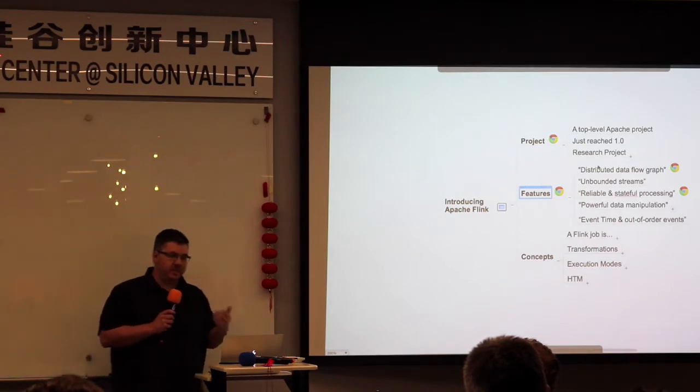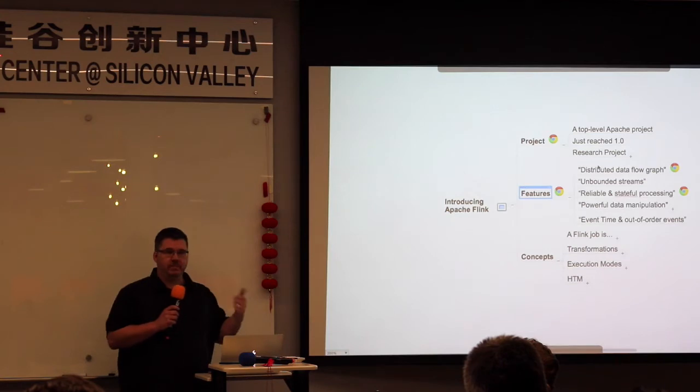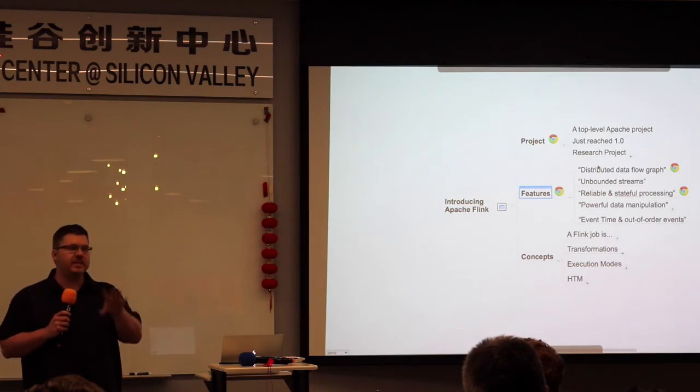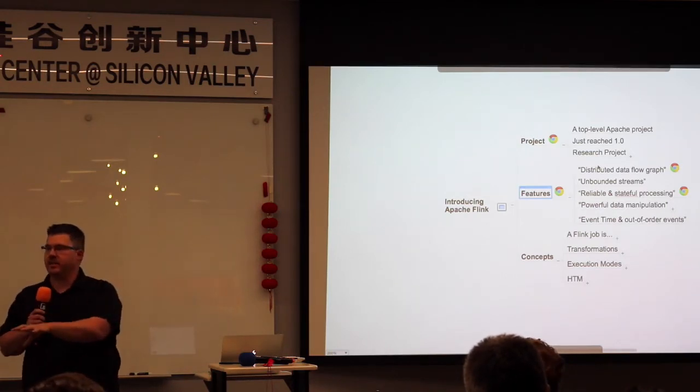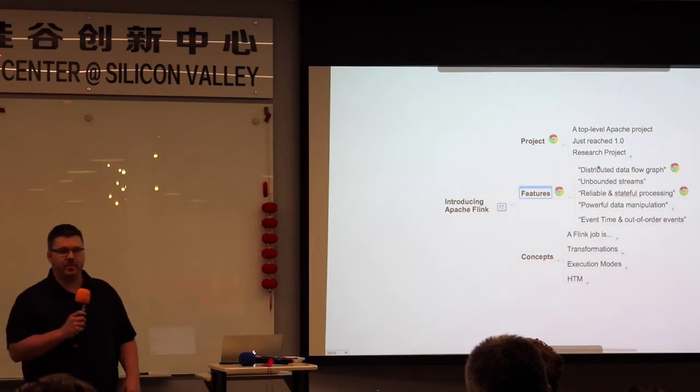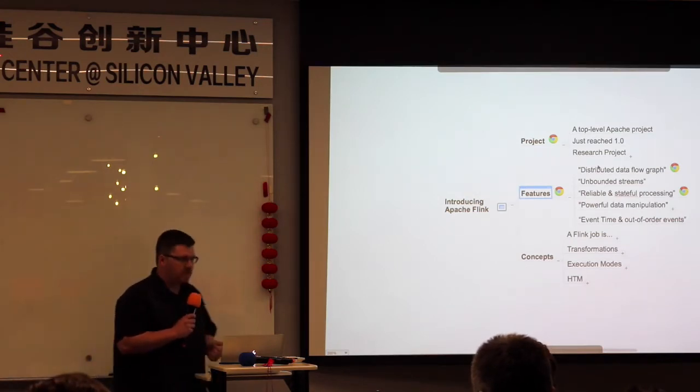Flink provides features like a distributed data flow graph, meaning that you describe the problem you're trying to solve, and then Flink's optimizer deploys an execution graph on some cluster to execute this streaming processing.